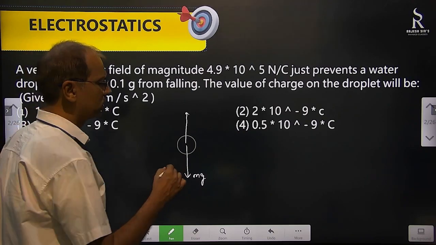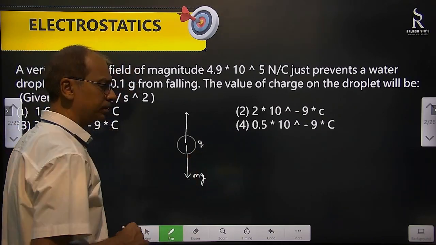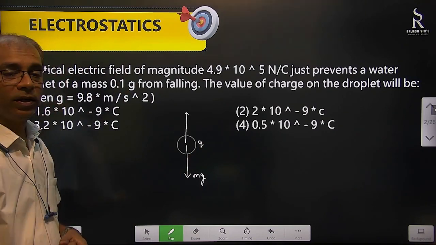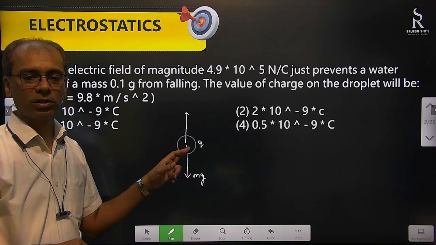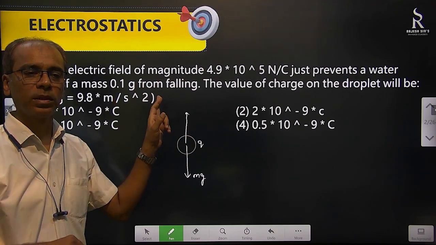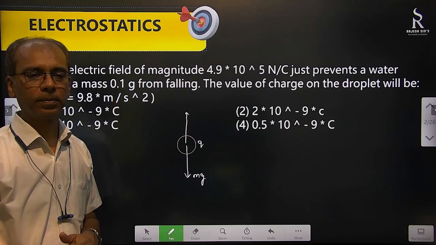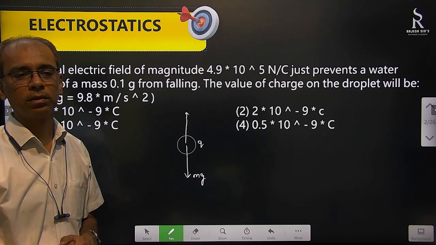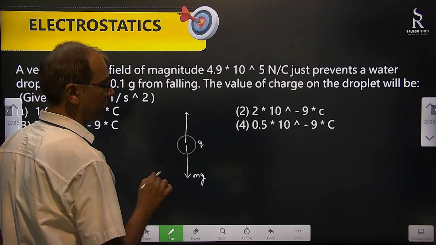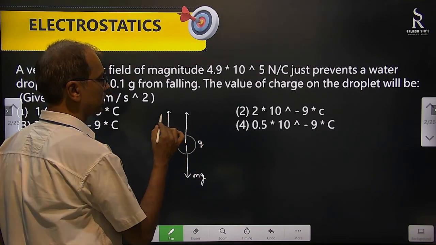Okay, charge is q. We are assuming that, and that is what we are finding. If there is a positive charge, then the electric field will be up only, because the force is upwards, and whichever direction the force is, the electric field will be in the same direction. Remember, this is a positive charge, so the electric field is also like this.